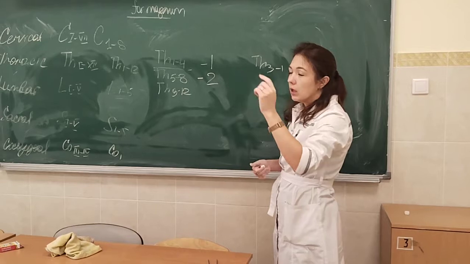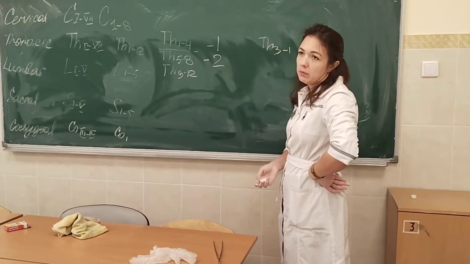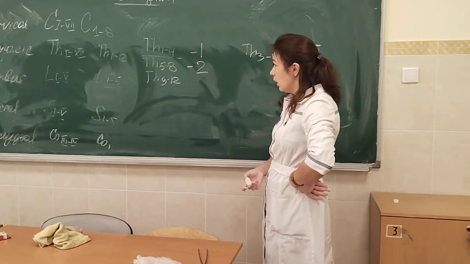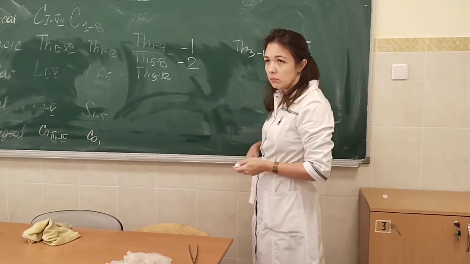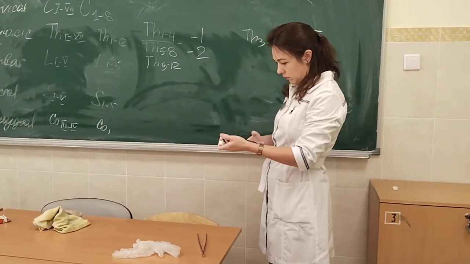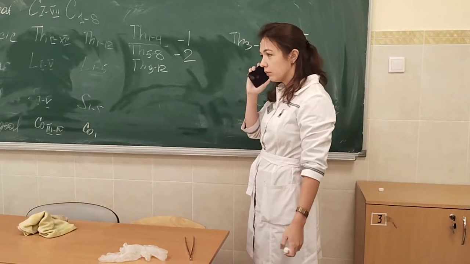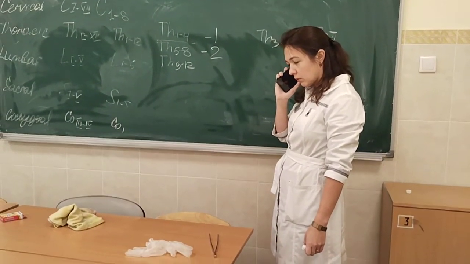So at which level is the 7th thoracic segment located? T5, yes. And the 6th is at T4.